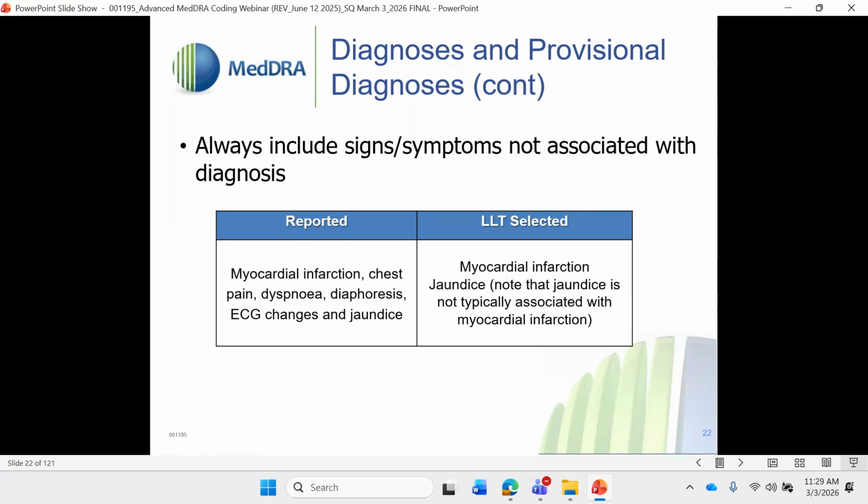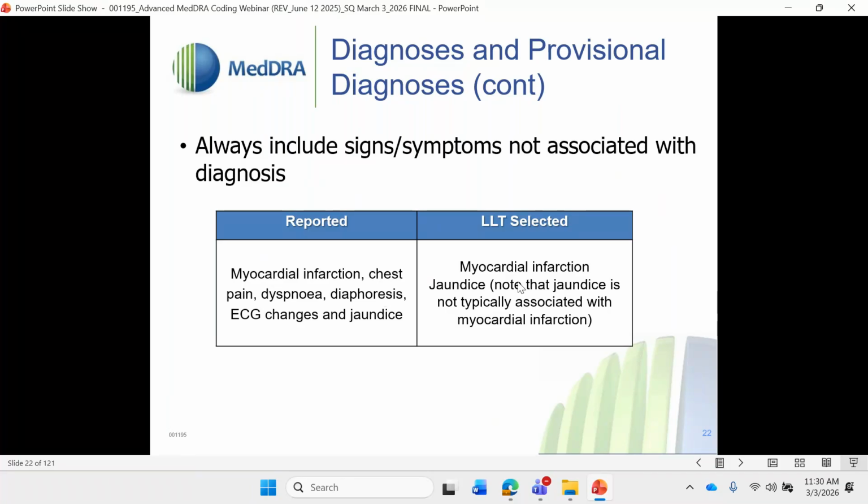So if you take the preferred option, which was just to code the diagnosis and not the associated gold standard signs and symptoms of that diagnosis, then the correct way would be to code myocardial infarction. And don't forget to code jaundice, because that's not one of the typical gold standard signs and symptoms of myocardial infarction, whereas the others are, right?